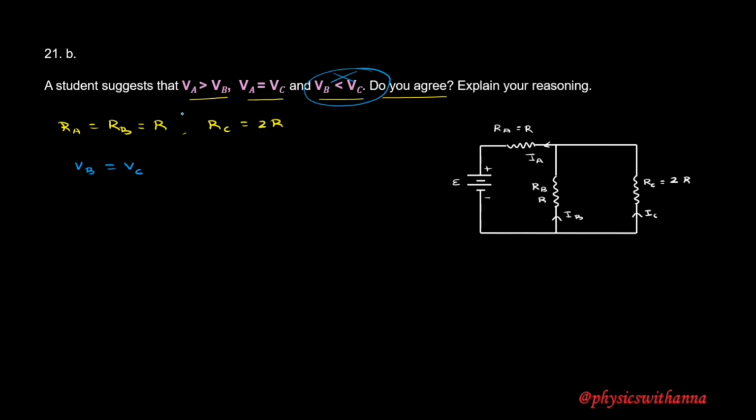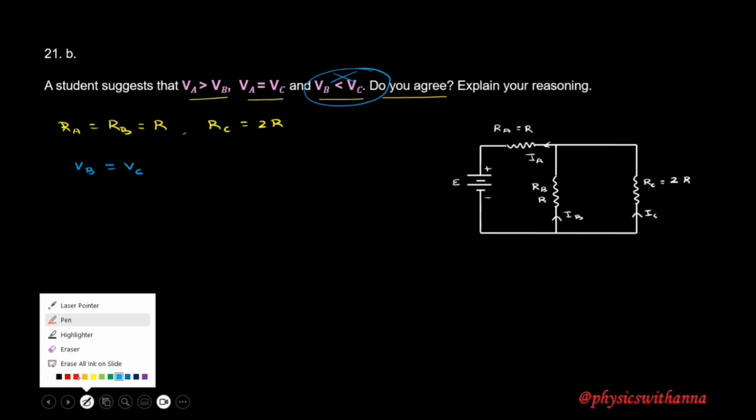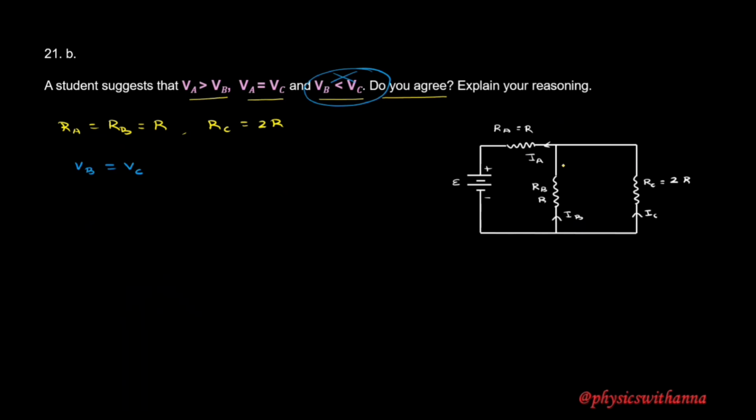Now we will verify the first and the second. Let's discuss how VB and VC relate to VA, which is the potential difference across resistor A. To find their relationship, we will first find the equivalent resistance of RB and RC.